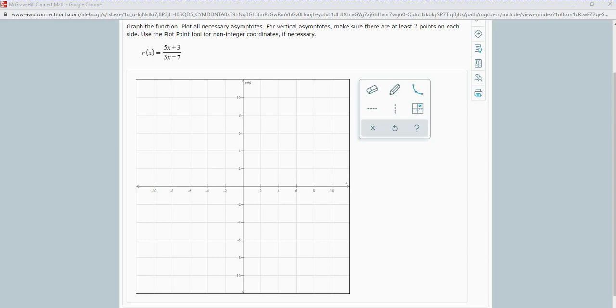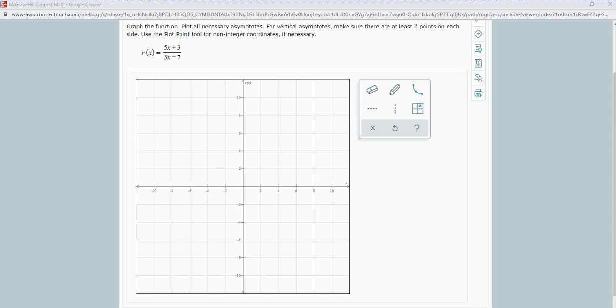Now, second piece of advice is I want you to make sure that you work this problem out on paper before you try to input your graph into the system. And there's a couple reasons for doing that. The first reason is, of course, you need to make sure that you can graph by hand. You won't always be graphing on the computer, so you need to make sure that you can do this by hand as well.